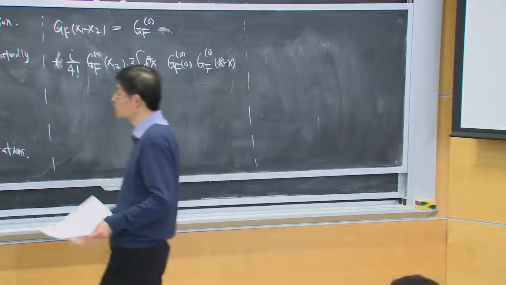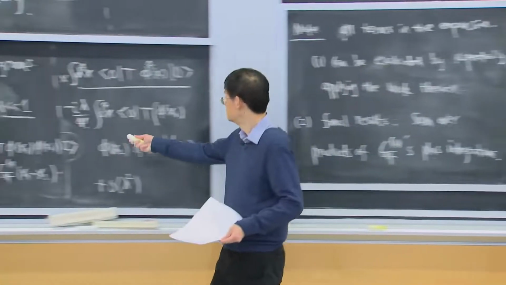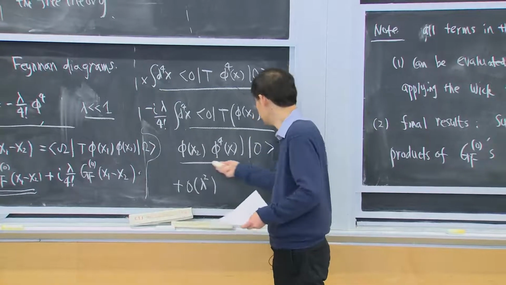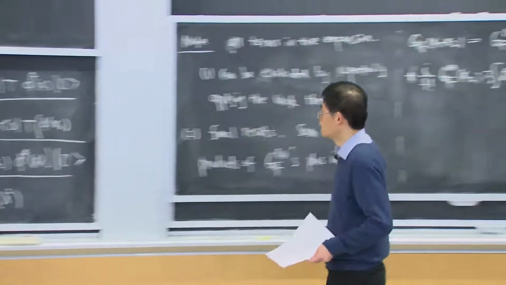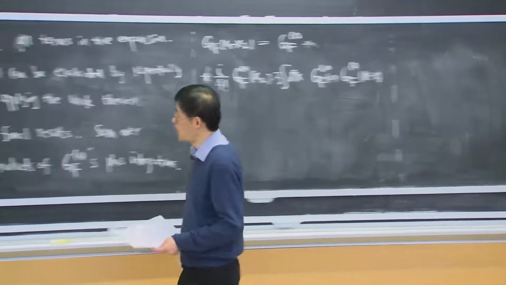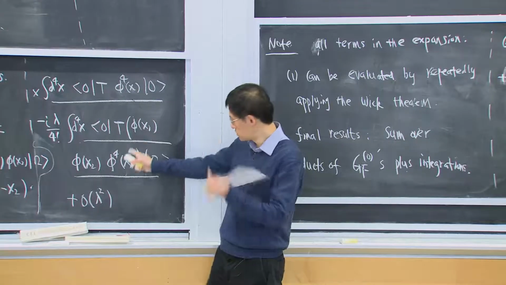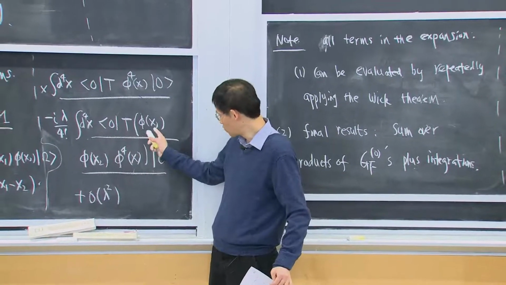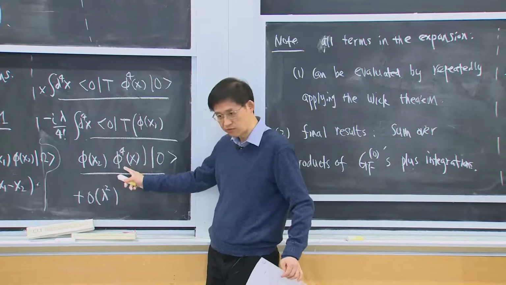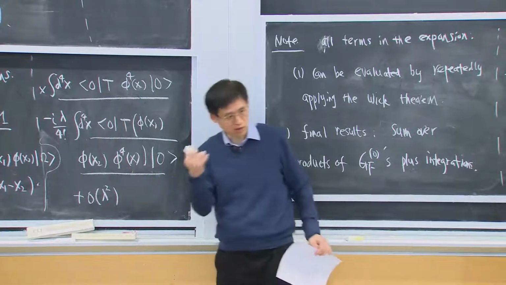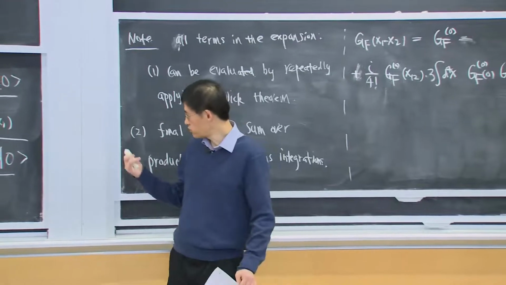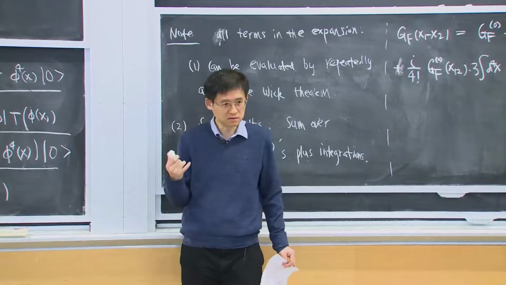Now let's look at this term. Here we have to contract 6 phi's: phi x1, phi x2, and then the 4 phi's here. We can have 2 possible patterns.